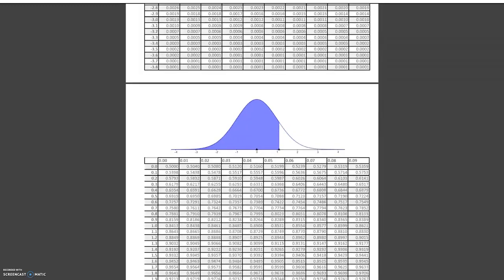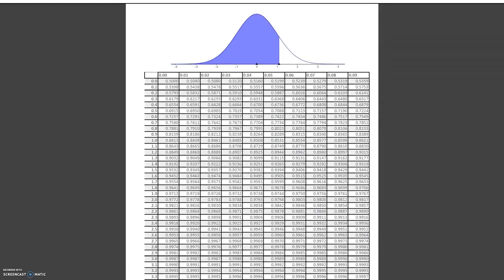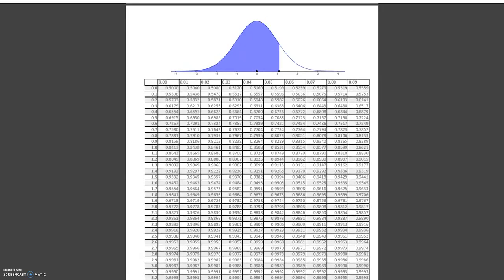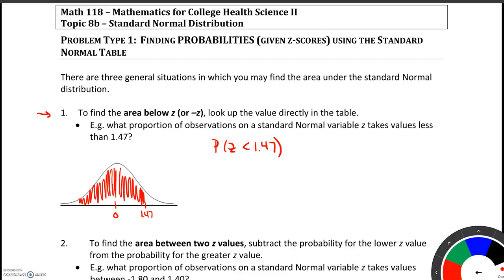I look up positive Z values on the second page of my Z score sheet, and when I look up 1.47, I get an answer of 0.9292.